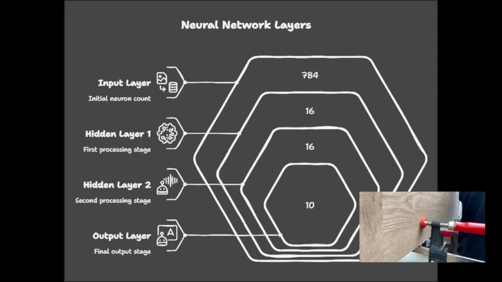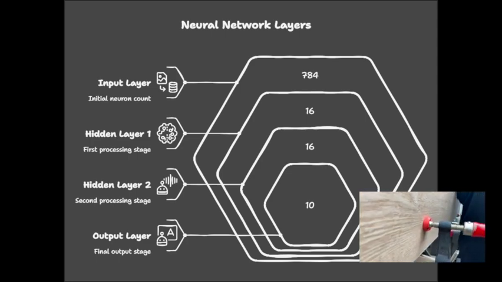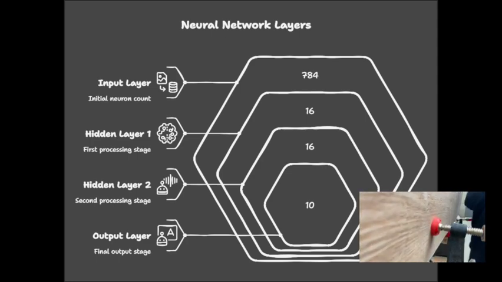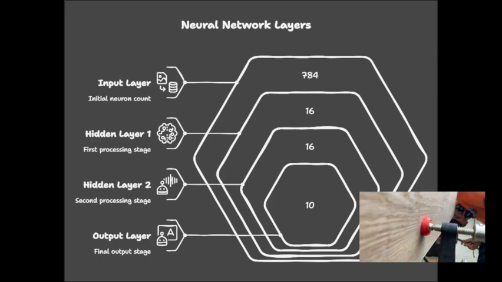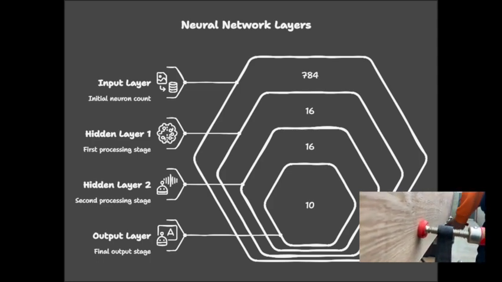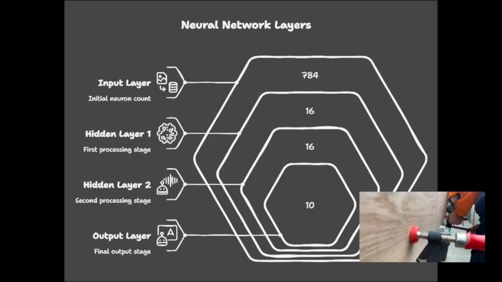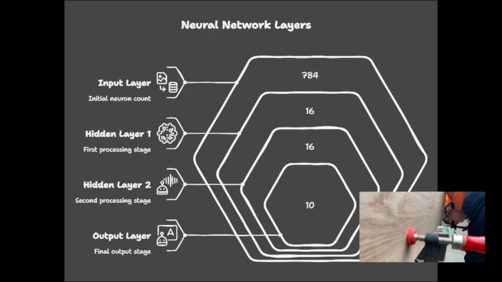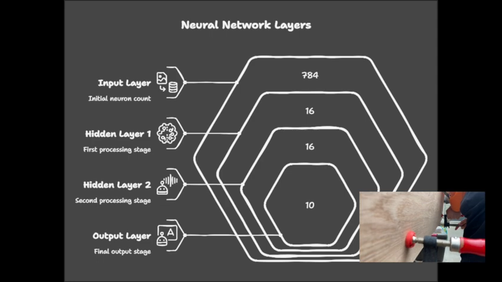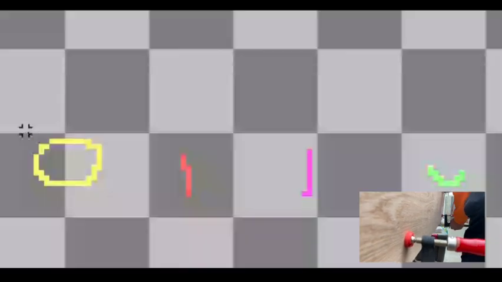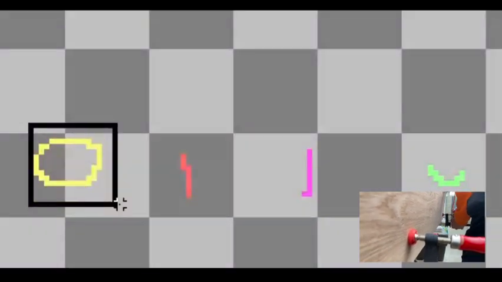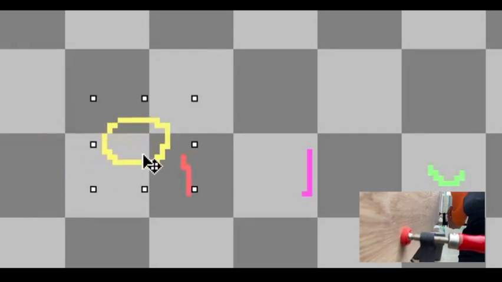For example, a neuron might detect a loop, while another detects a vertical line. Take a moment to write some notes. Together, these patterns indicate the digit 9.